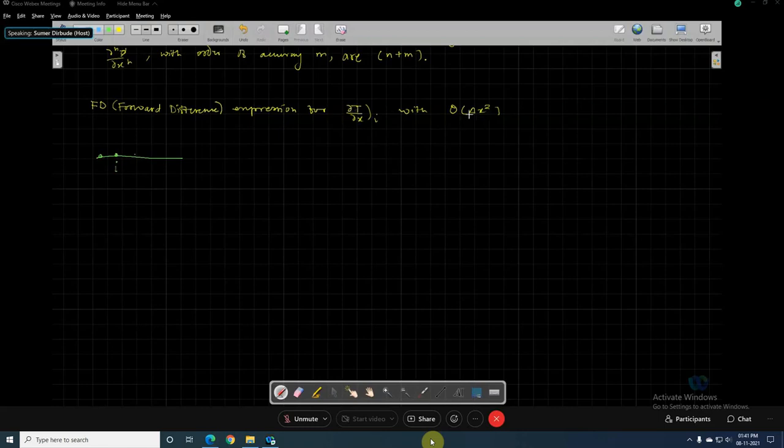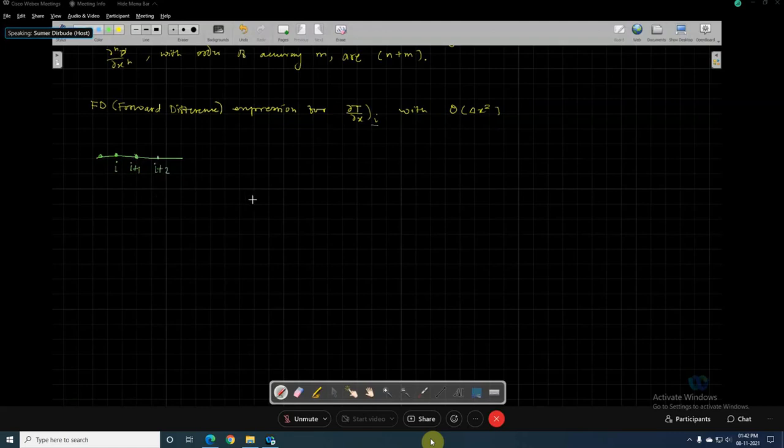So I need at least 3 points around this I. In forward difference, we always take forward points, so I need to take forward points like I plus 1 and I plus 2. Okay. So we take these 3 points.